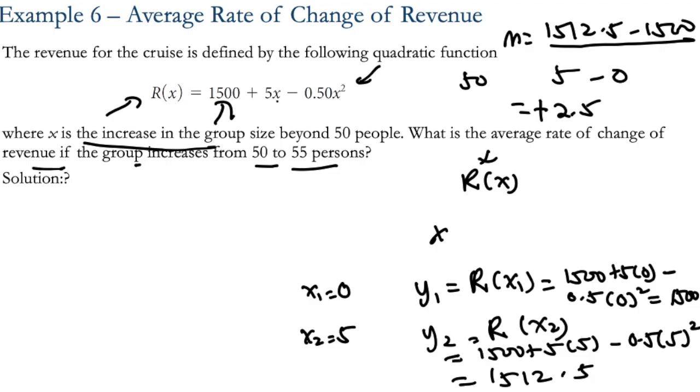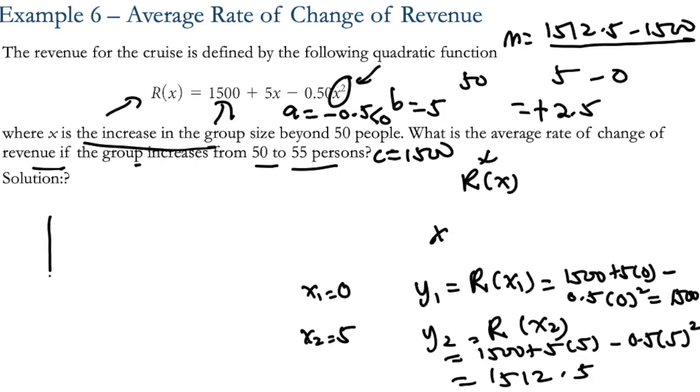So as you can see here, a is minus 0.5. How do you know a is minus 0.5? Because x squared is here. b here is positive 5, and then c here is 1,500.